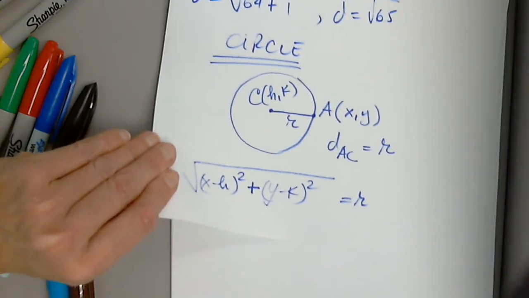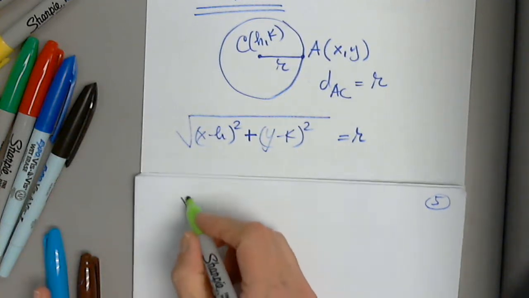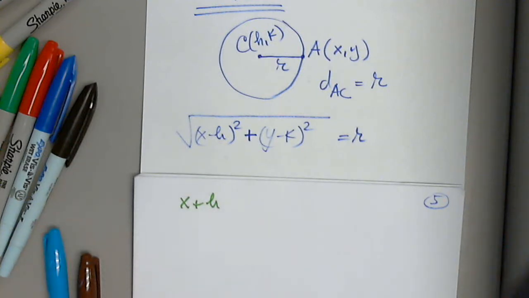Perfect. Thank you, William. Okay, so number 5, my page 5. Now, I don't really like, in this particular case, a square root in there. So what should I do to eliminate the square root? Yes, I'm going to square both sides, and I get x plus, oh, I'm sorry, I didn't mean to write plus.